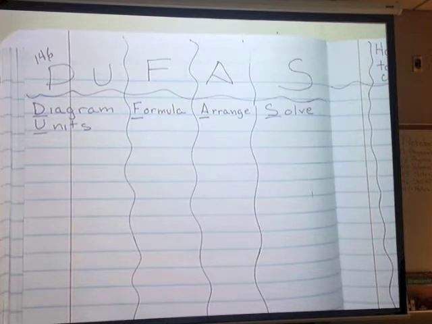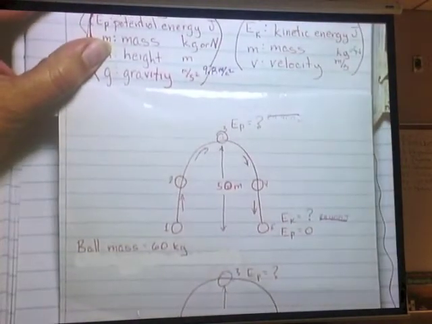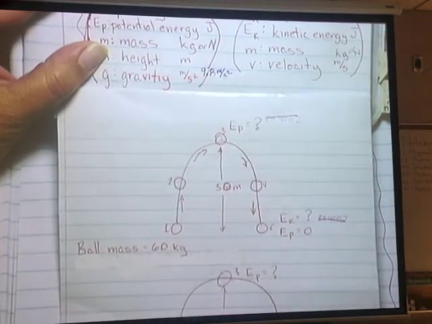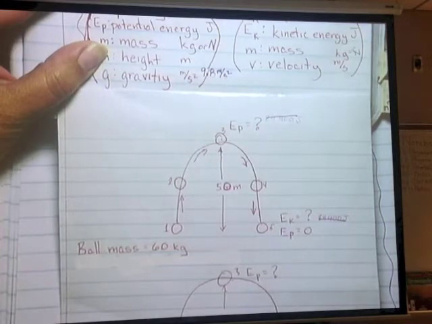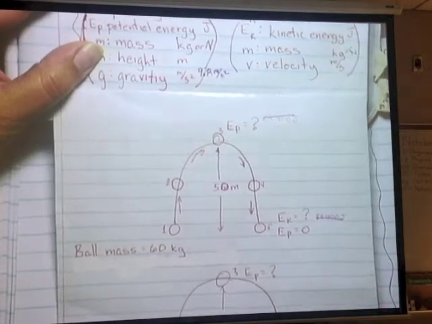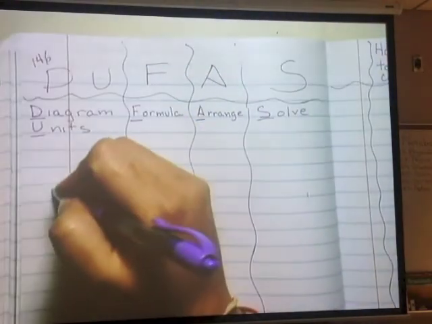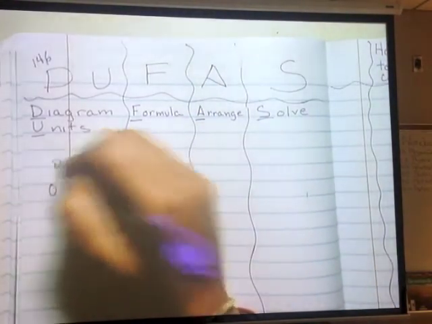Looking at your first question, you can see that you have this diagram already drawn for you. In your notes, if you were doing this on your own, you would draw that diagram very quickly.